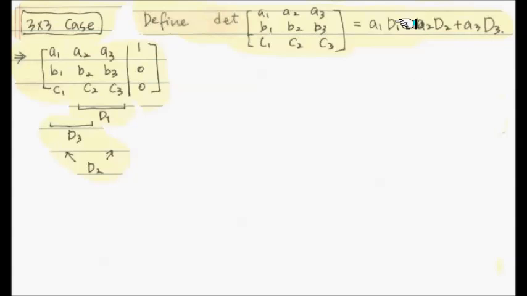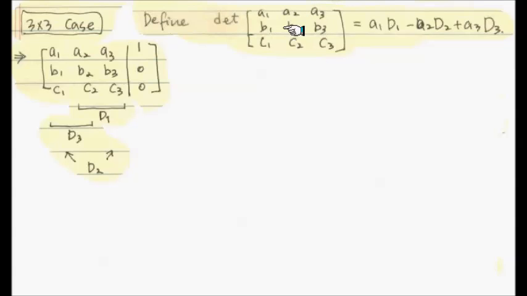So let's think about this d1 and d2 and d3. d1, we labeled it here. If we are dealing with A1, you isolate this column and row. You remove the row and column that contain A1. And what you're left with is this 2 by 2 matrix, which is B2, B3, and C2, C3. So the determinant of that is called d1. Now let's look at A2 with this alternating sign in front of it. Here's A2. I want you to remove the row and column that contain A2.